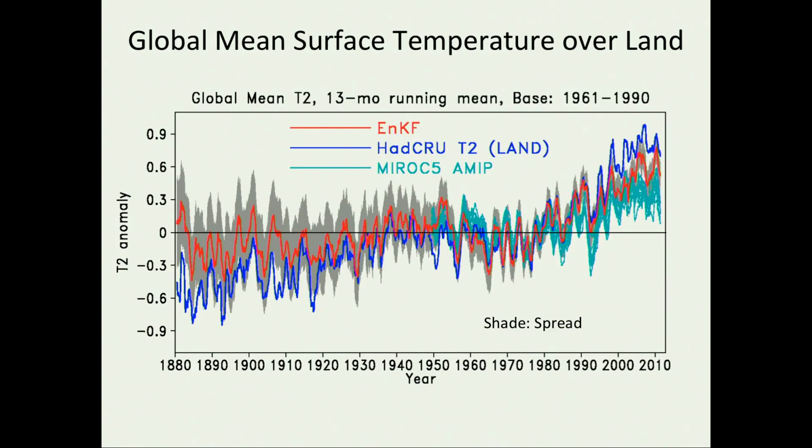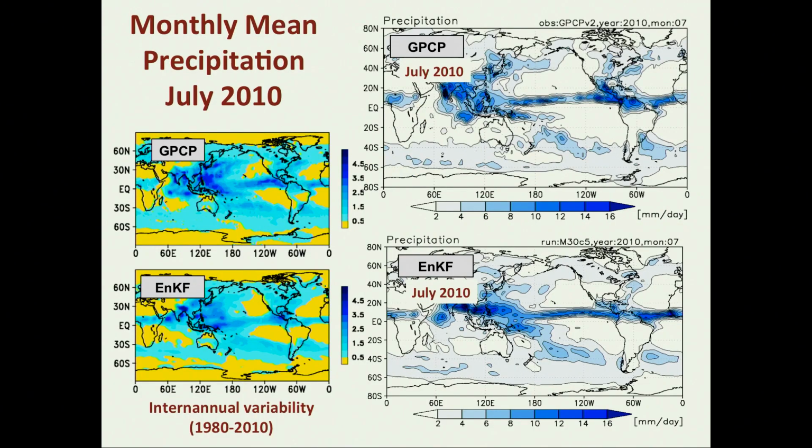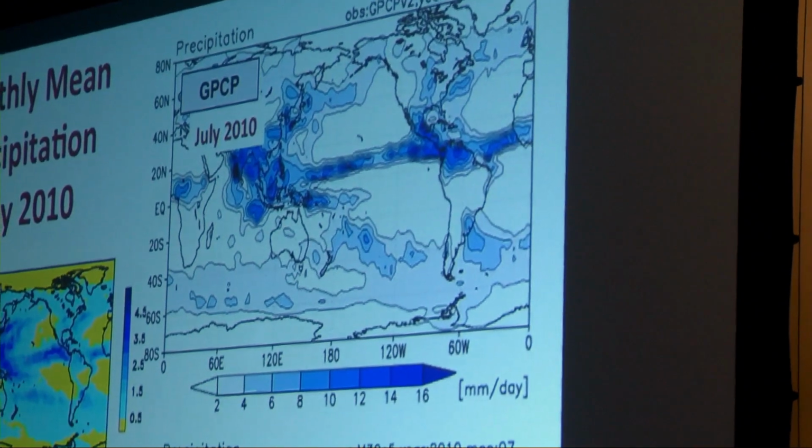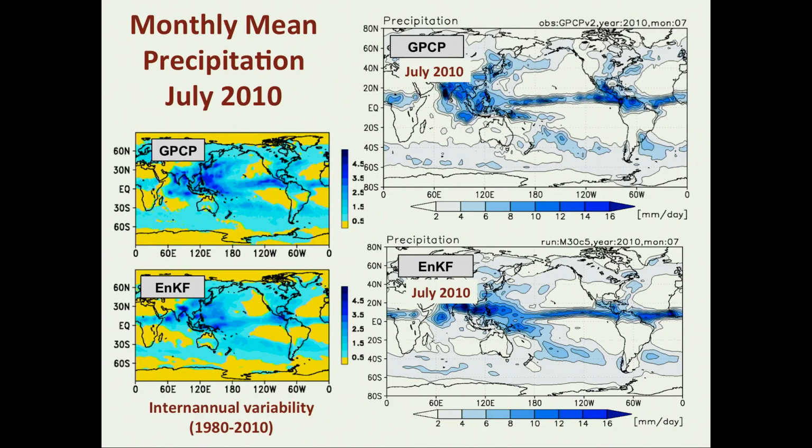But this is a research topic. This is an example of monthly anomaly comparison between the observation and analysis product for July precipitation. And this is a longer-term comparison of the interannual variance between the satellite and product.